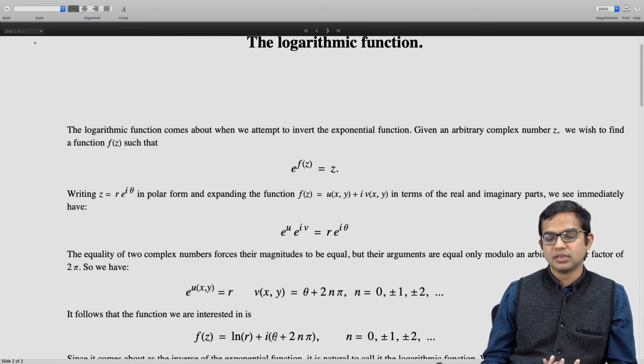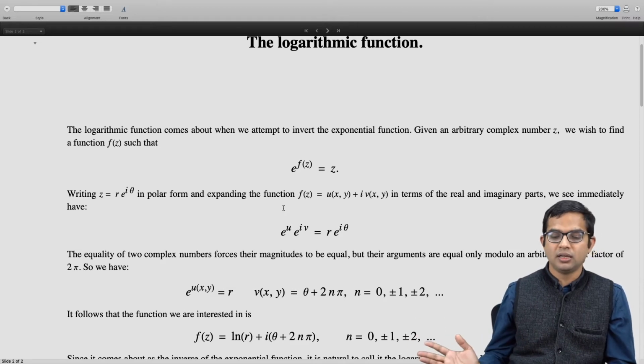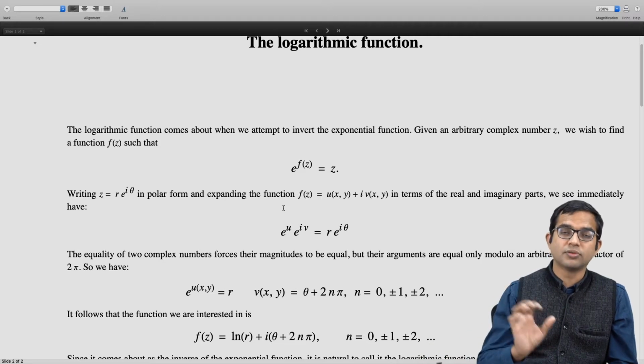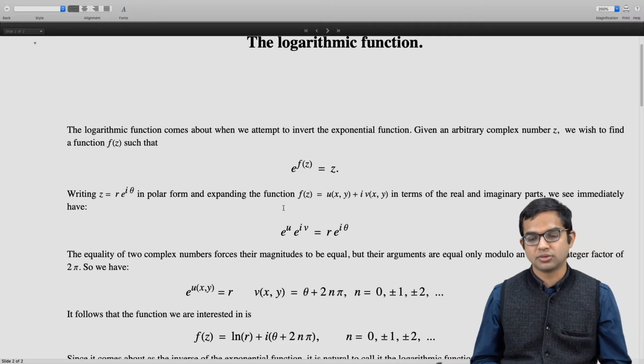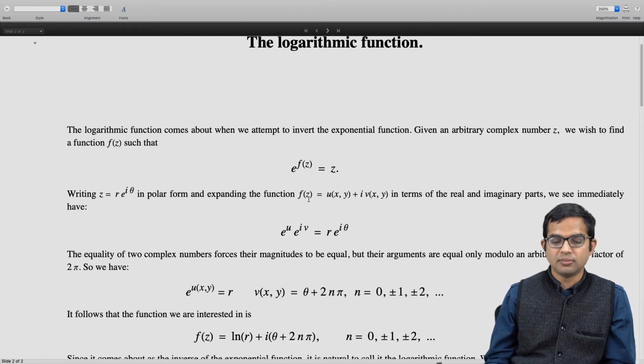It's theta plus 2n pi, where n can actually take infinitely many values. So in fact, this inverse function that we wish to define seems to have infinitely many values. For a given z, you can find infinitely many complex numbers such that e to the f of z is equal to z. So you don't get just one answer, but in fact you get infinitely many of these.